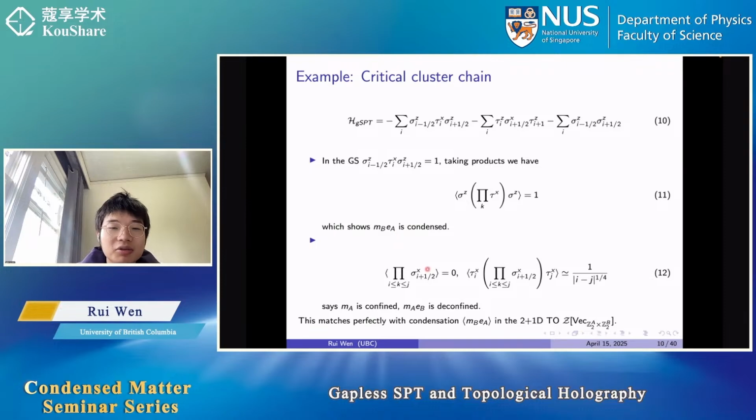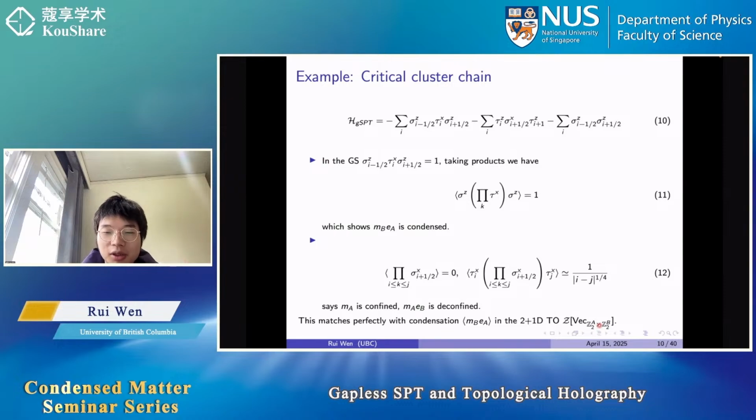And so these two correlation functions that we just discussed can be interpreted as MA is confined and MAEB is deconfined. In the usual SymTFT, this would actually be deconfined. But in this gapless SPT system, this is confined, and the decorated version is deconfined. And this matches perfectly with condensation of MBEA in the 2+1D topological order.